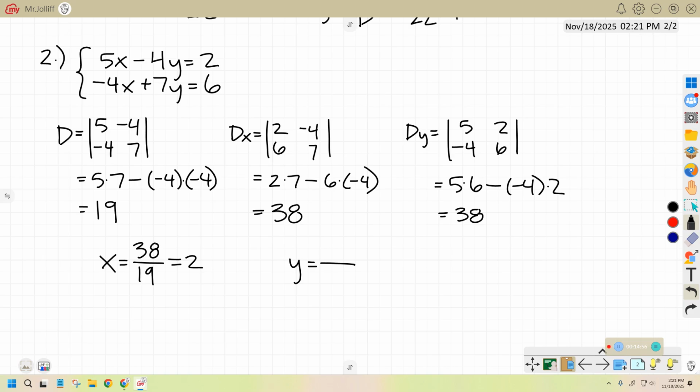Gerardo, what's my y fraction going to look like? dy over d? Yeah. Which is also 2. Yeah, good. Very good. So back up at the top, we now know our solution. These two lines cross at the point 2, 2. Perfect.